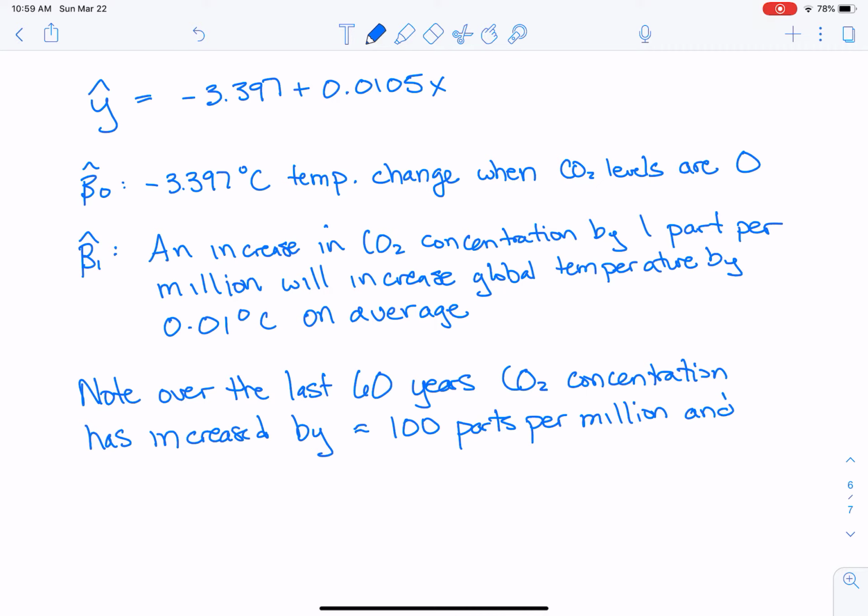And temperature has increased, global temperature, about 1 degree. And that has implications for the sea levels and all sorts of other things. So that gives us a sense of how to interpret slope and how to use that information to give us a sense of the global change in temperature over the last 60 years.